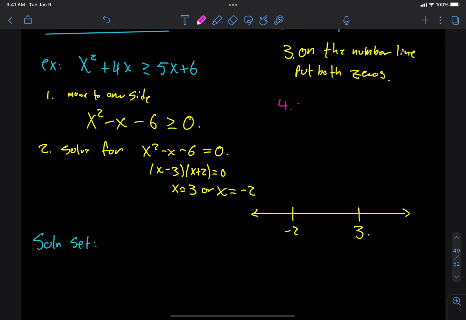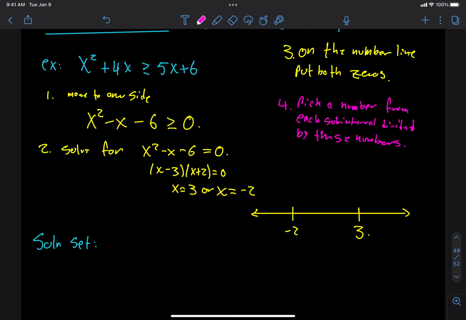So step 4 is pick a number from each subinterval divided by these numbers. So here is subinterval 1. Here is subinterval 2, and here is subinterval 3.